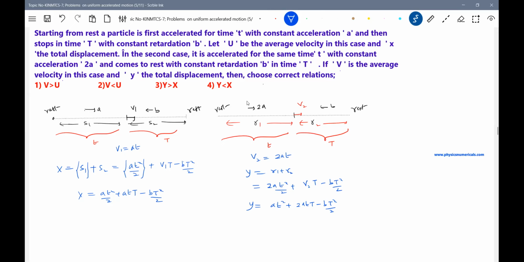What to do after this? Some comparison is being asked: how x and y are related.